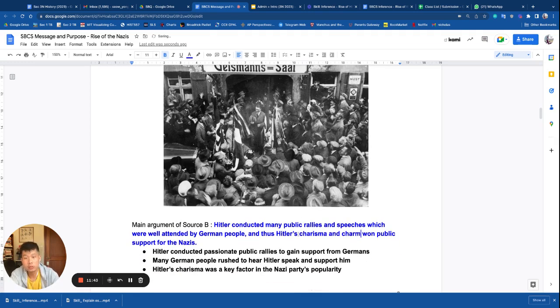Okay, great. So notice that I generated 3 ideas from the source, and I have weaved together all 3 ideas into a single main argument.